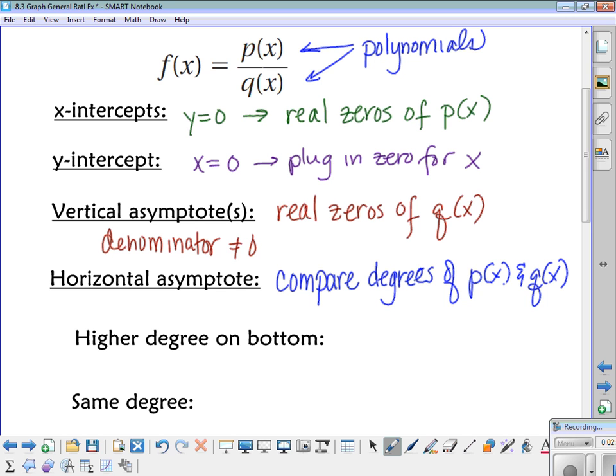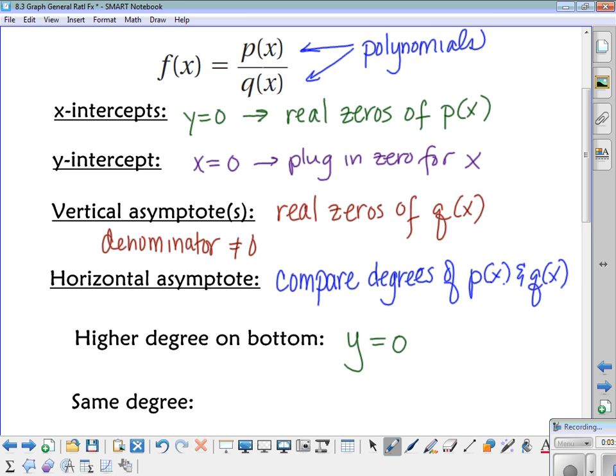So if I have a higher degree on the bottom, it will always be y equals 0 with these type of polynomials. Because as x gets larger, if I have a higher degree on the bottom, the bottom of the fraction is getting really, really big, and the top of the fraction is staying small, and so it's approaching 0. So it's always going to be y equals 0.